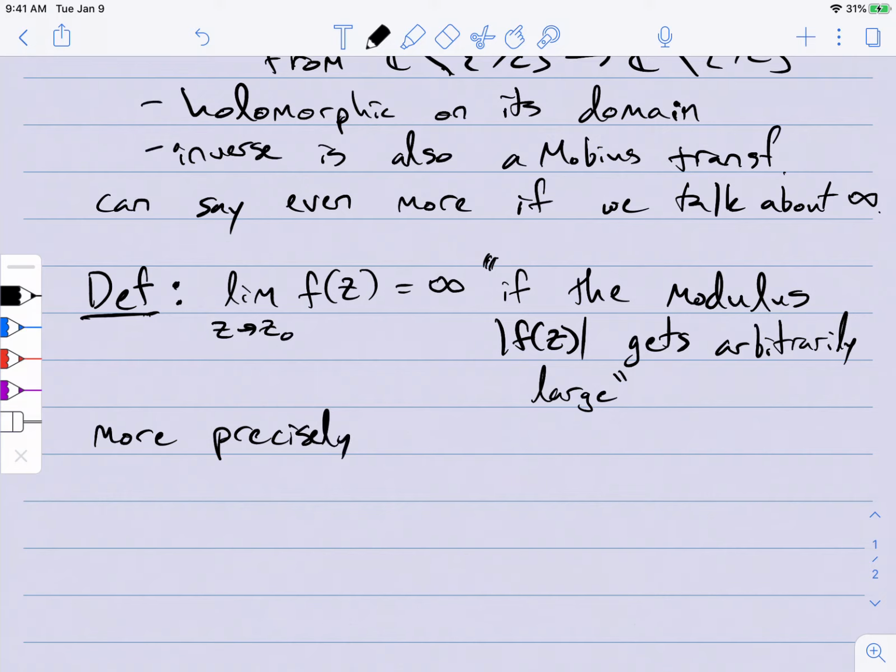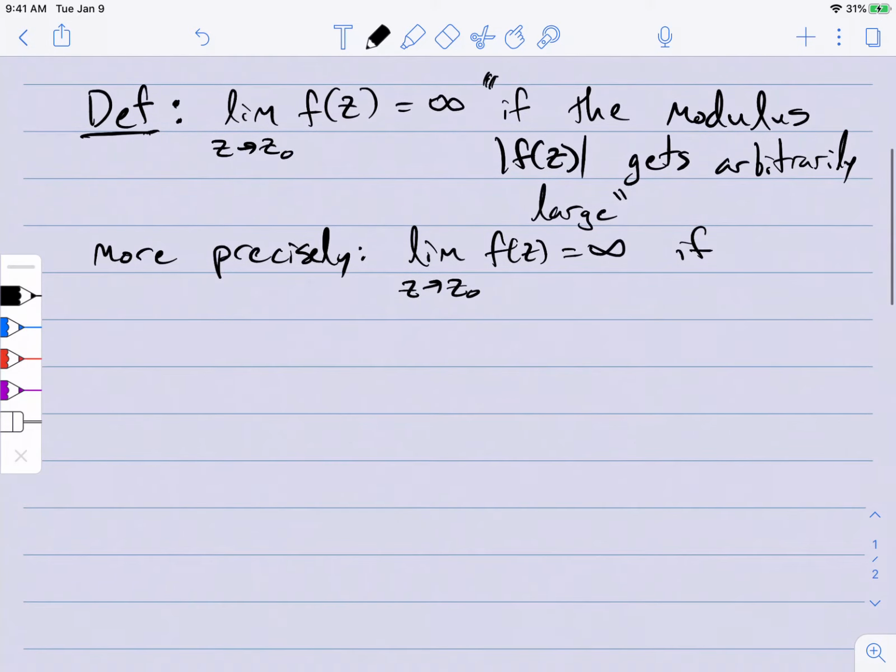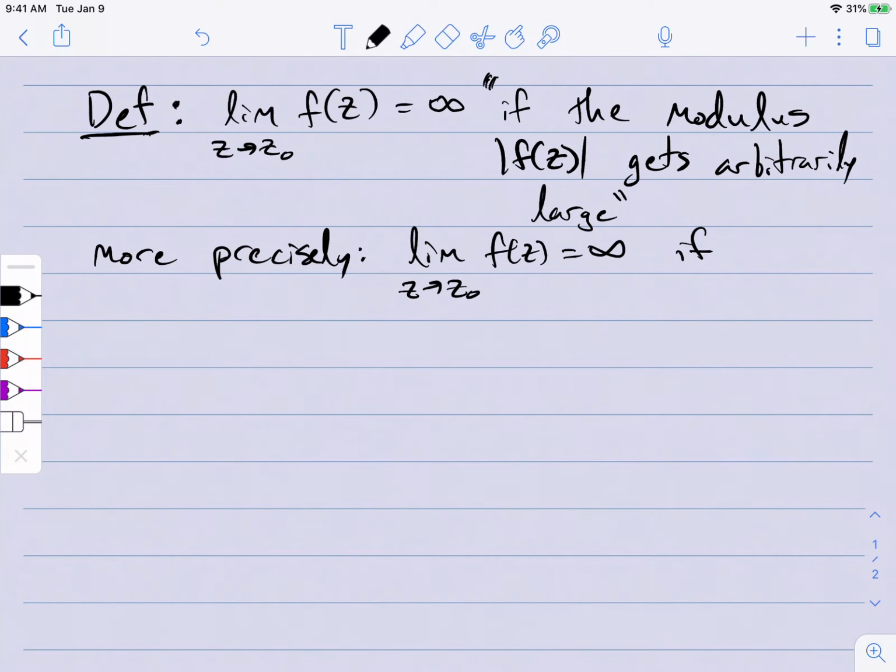So more precisely, the limit is equal to infinity as we approach some z naught if, and it's an epsilon delta definition, so basically we want to encode the fact that f of z is getting arbitrarily large.